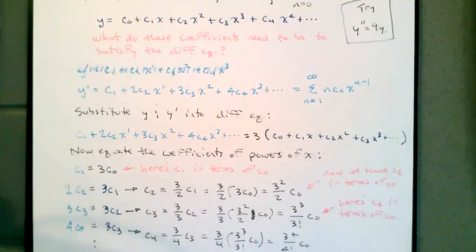This is an equation that we can solve by inspection. If y double prime is equal to 9y, we know the solutions are going to be either something times sine of 3x or something times cosine of 3x, because the second derivative is just going to be a constant times what we started with.